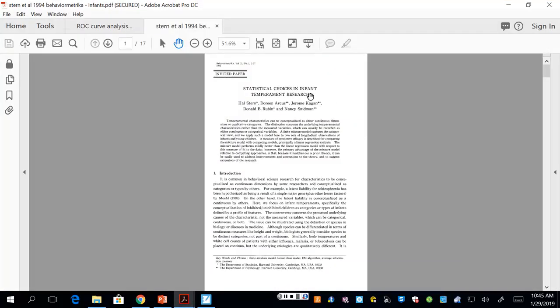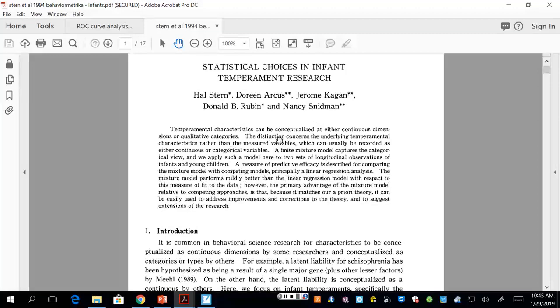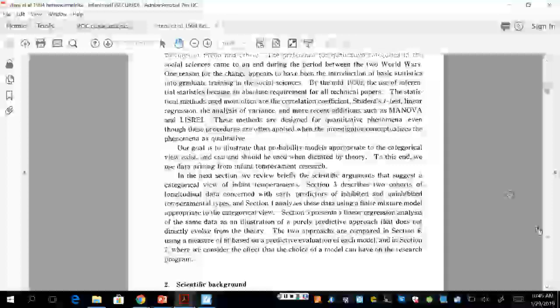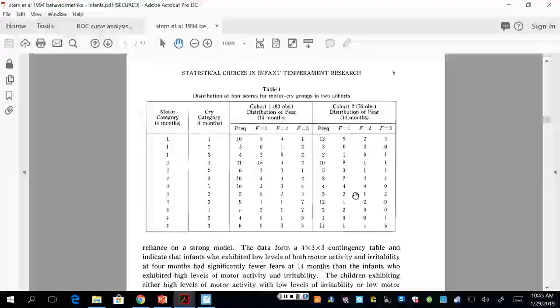Right. So this is a research article from individuals I worked with in the past about studying infants, right? And so the hypothesis, here's the data that they had, different individuals measuring how fearful we are in response to different things, right? There are 3 different variables that define these groups.